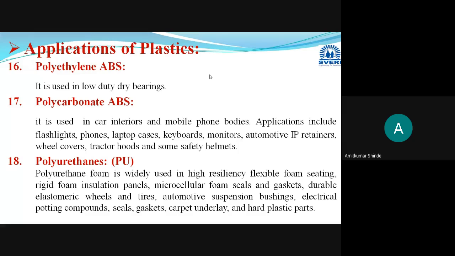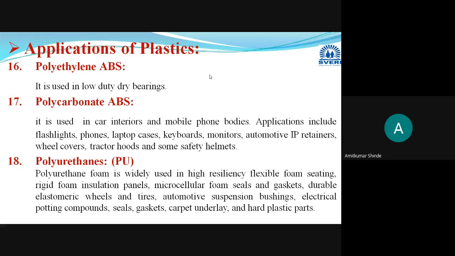In this way, we have completed this first chapter, Introduction to the Plastics. We have completed the concept of plastics, then its classification. We have seen the comparison points between thermoplastic and thermosetting materials. Then we discussed properties of plastic materials, different additives used to improve their properties, and different testing methods: tensile testing, impact testing, tensile impact energy testing, and flexural testing.